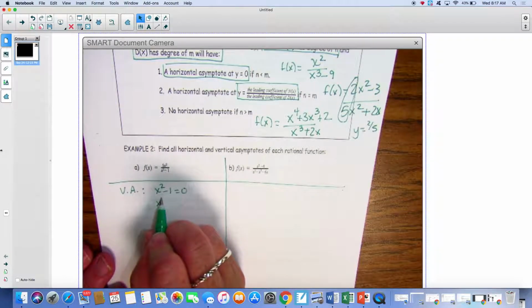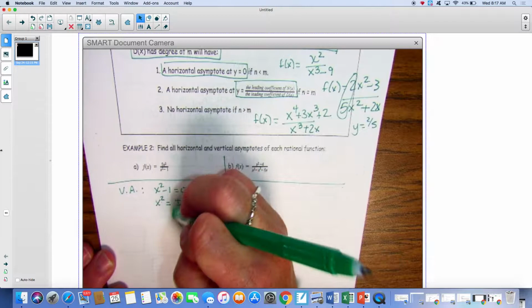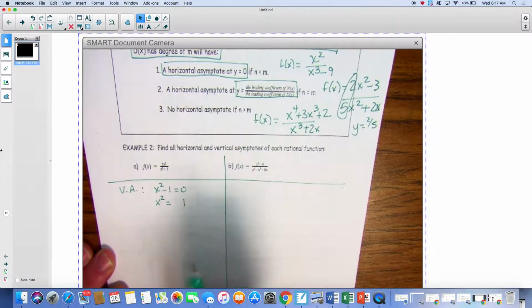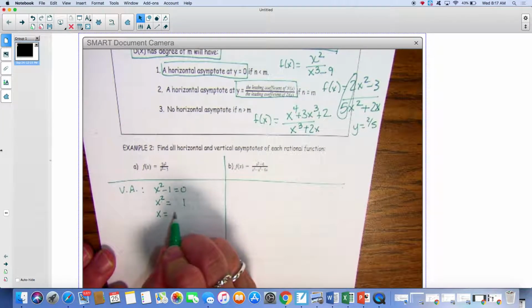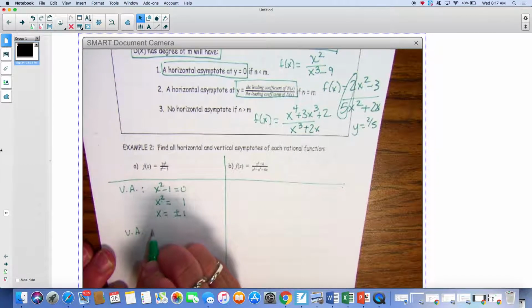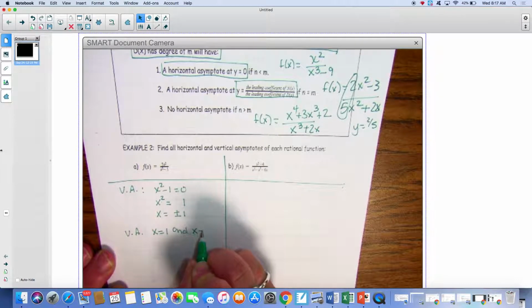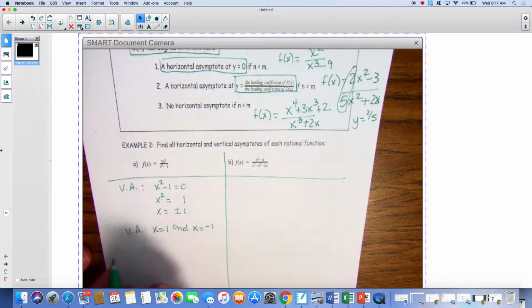Add 1 to both sides. So vertical asymptote at x equals 1 and x equals negative 1.